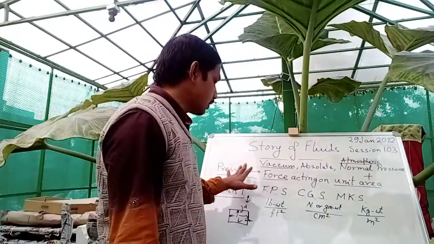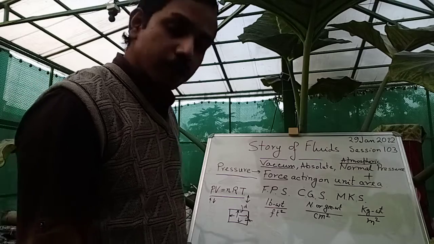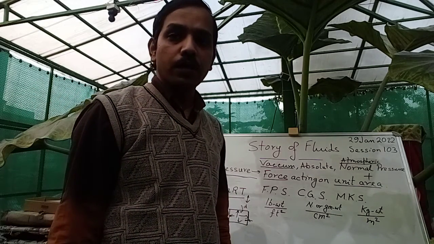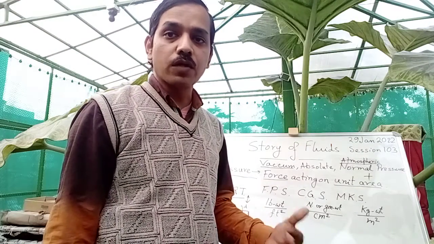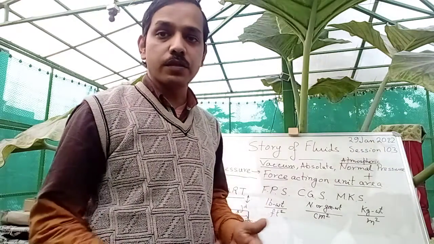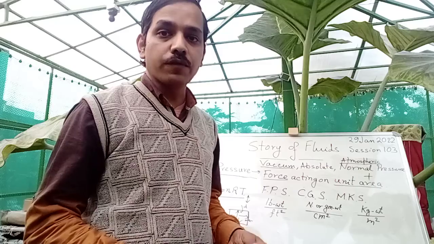So pressure is a very important factor mostly for gases, and for liquids also. Sometimes we put them in a container, and sometimes in conduit pipelines. If the pressure increases, that generally bursts out, so you have to be very careful.